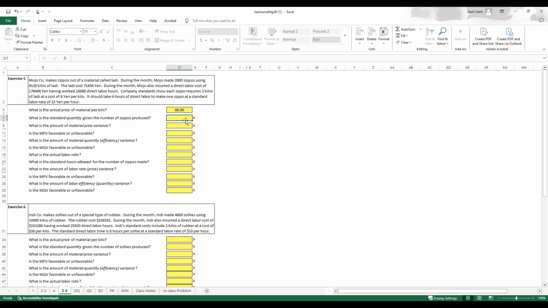Let's just say that. I'm not sure what the correct terminology is for cents in regard to yen, but what is the standard quantity? So if we had produced at the standard, how much would we have used? It would have been 8,400 kilos, right? That's what we're saying. Yeah, kilos. So 8,400 kilos.